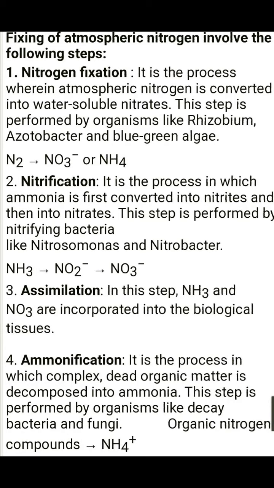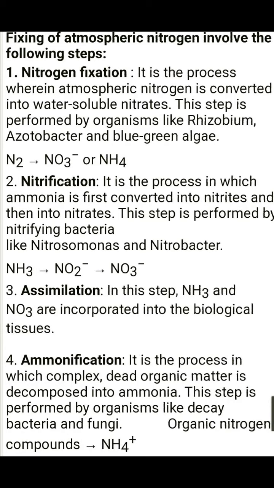The first step of the nitrogen cycle is nitrogen fixation. Most of the nitrogen, that is about 78% (the speaker says 75% or 71%), is present on the earth, but that nitrogen is present in the atmosphere.